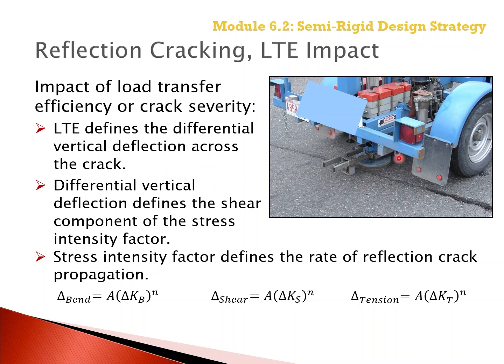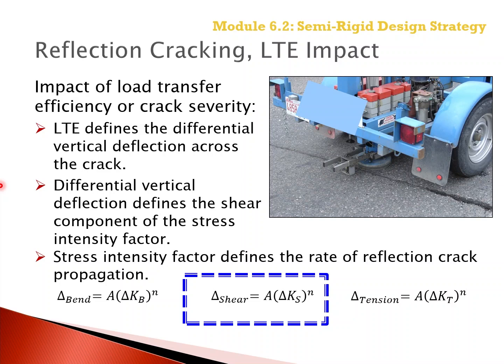And that can be measured with the falling weight deflectometer, as well as other deflection testing means, to know what is that differential deflection across the crack. The differential vertical deflection clearly defines the shear component of the stress intensity factor. The stress intensity factor defines the rate of reflection cracking propagation through the asphalt overlay. So it is absolutely the more critical one, or the more important one.